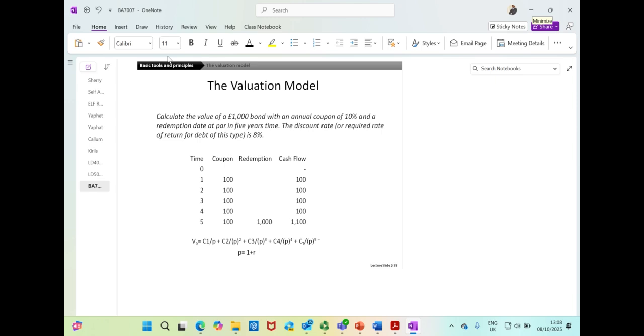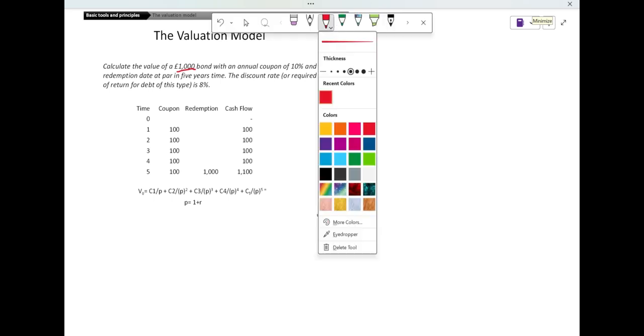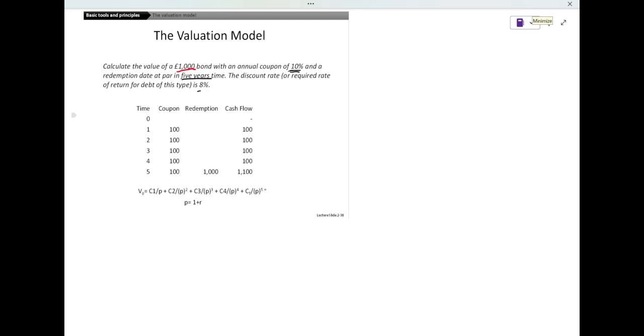So you can see in this example that the bond is for £1,000, and the coupon rate is 10%. That means the return will be 10% for the next 5 years, and the rate of return is 8%.